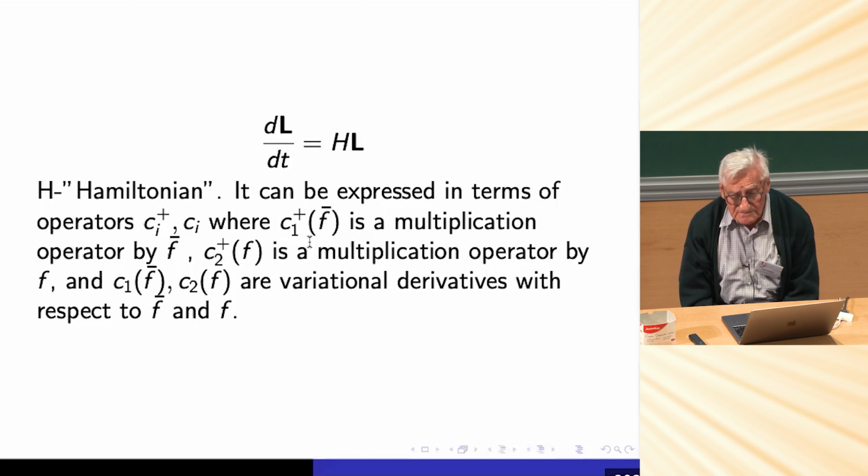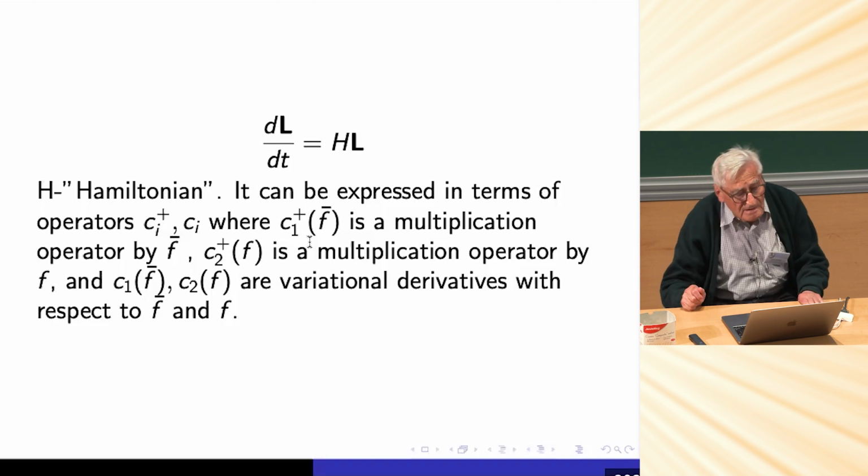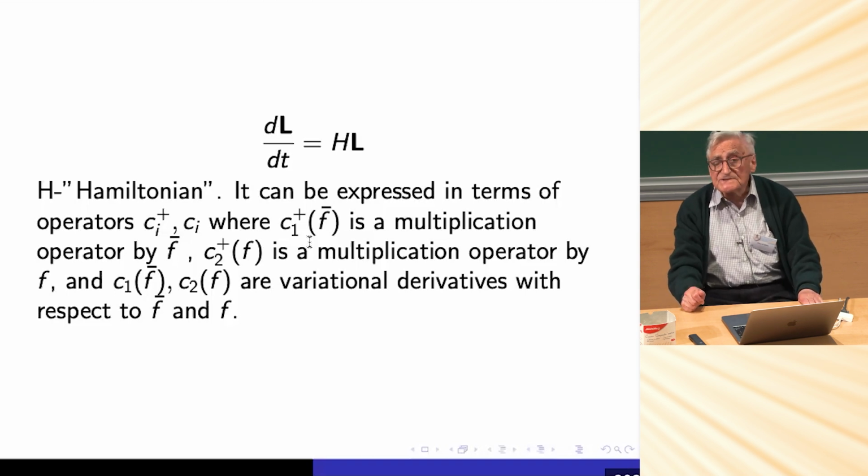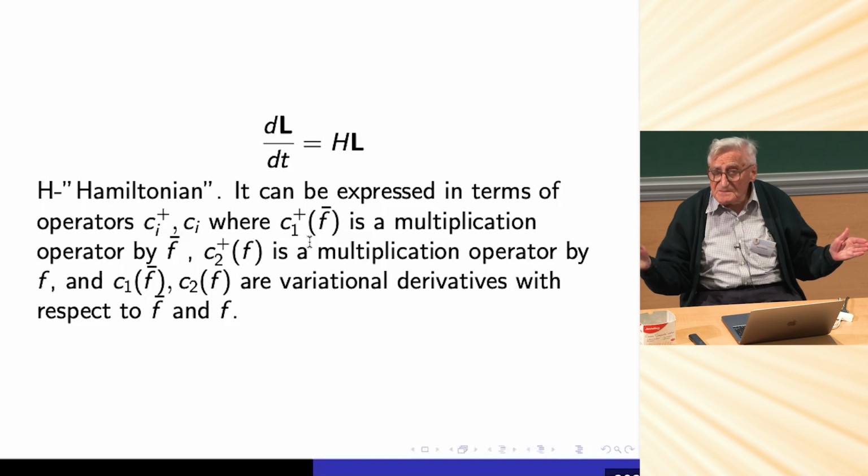The derivative with respect to time is h applied to L, where h is some operator that I call a Hamiltonian in quotation marks. And if I had a classical theory, it has some formal Hamiltonian.